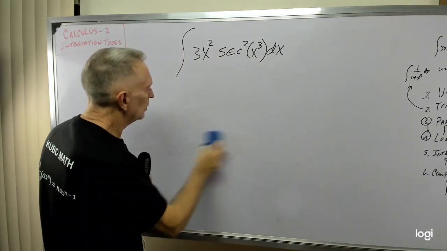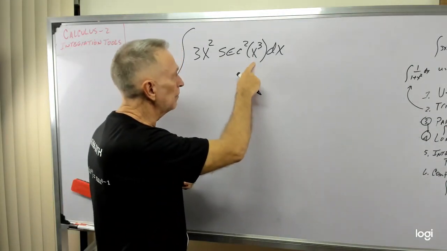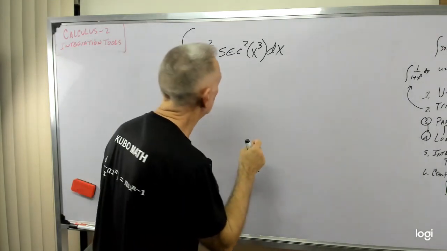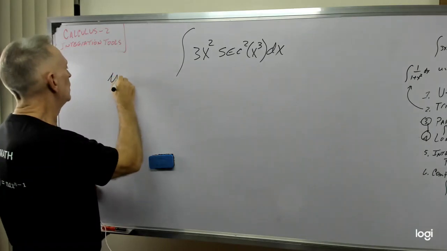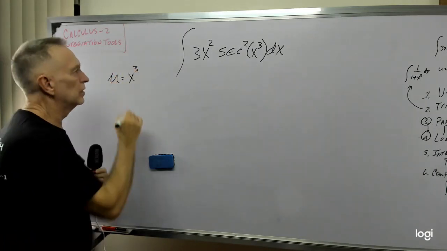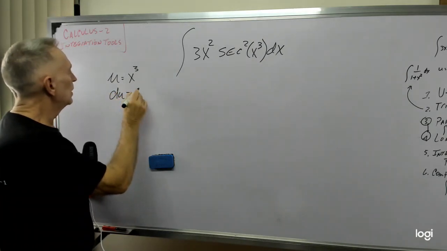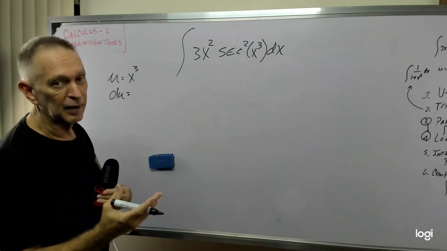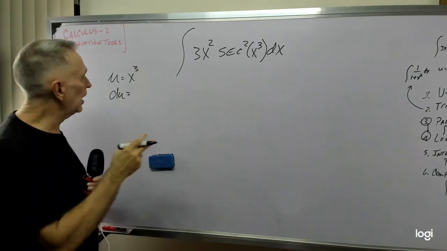Okay, so in this case, if I look at the inside, I'm going to let u equal x cubed. So let's just put that here. u equals x cubed. Well, du then, we're going to use the general power rule. You know me, I'm a rules guy. The general power rule and the chain rule.